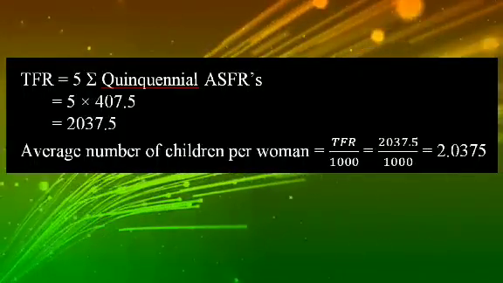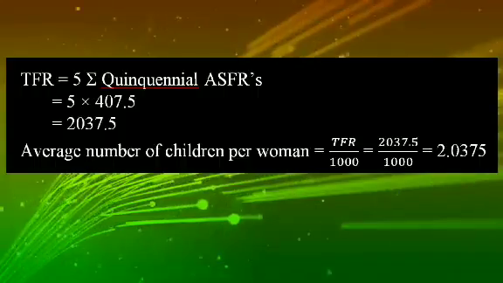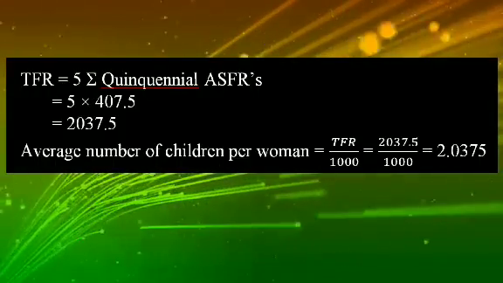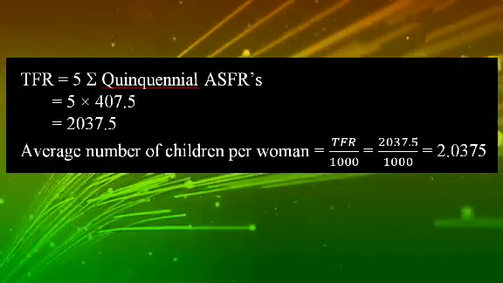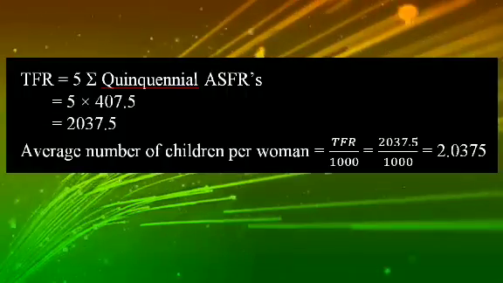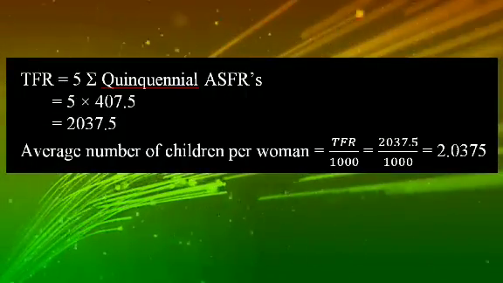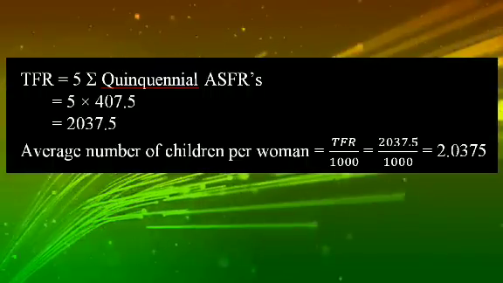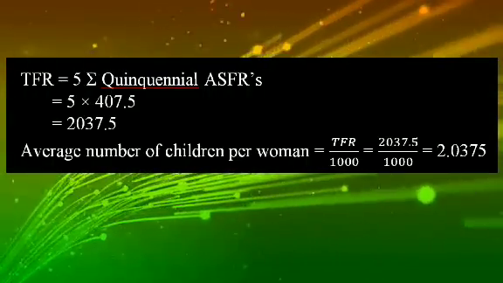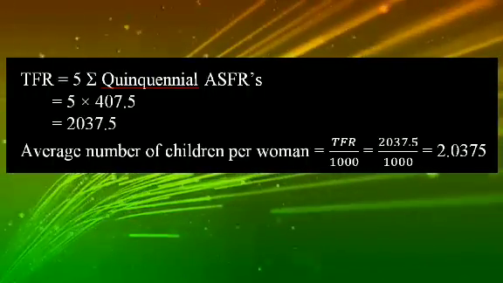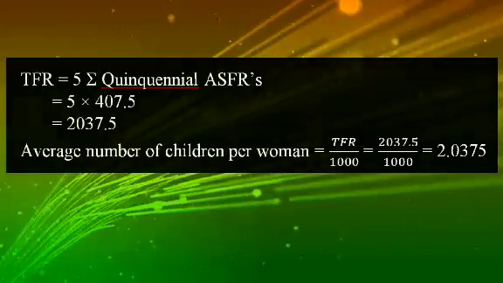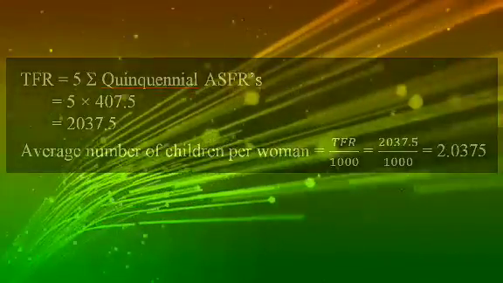Average number of children equal to TFR divided by 1000. So 2037.5 divided by 1000, that is equal to 2.0375. Therefore, there are 2 births per woman of childbearing age group.